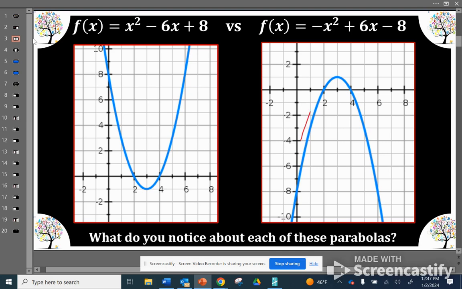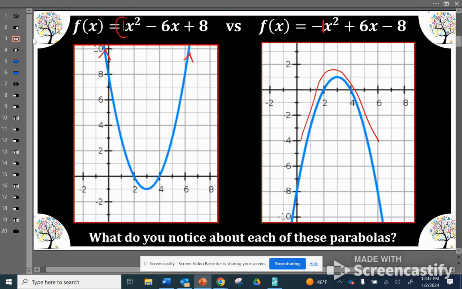So it increases and then it decreases and it turns down, where our first graph turns up. So in this function, we can see that our a value is an understood 1, and in this function, our a value is an understood -1.